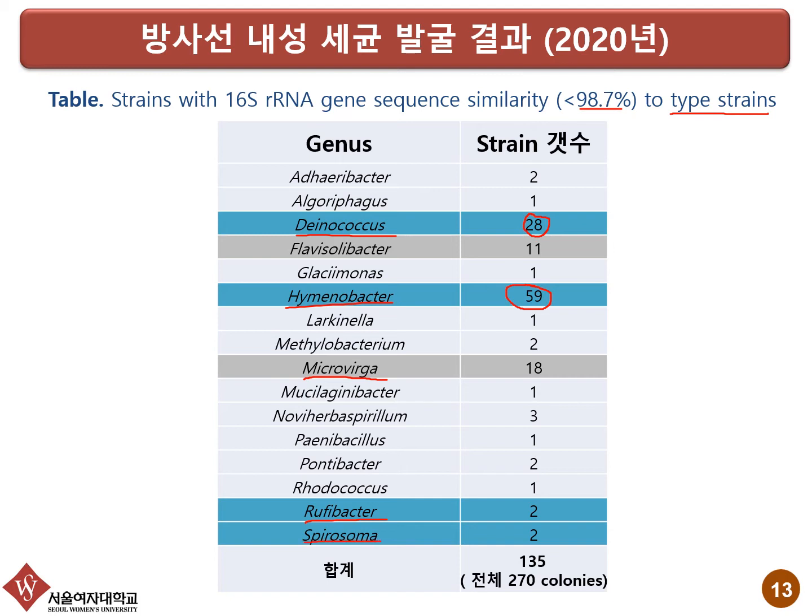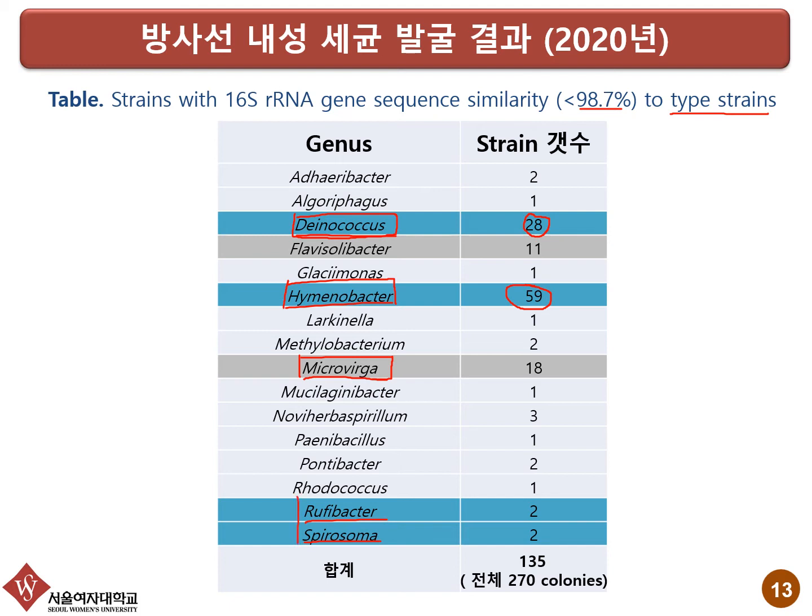Previously there were several articles describing only Deinococcus as the radiation resistant bacteria, but in our study we found that Hymenobacter is also one of the popular genera containing radiation resistant bacteria like Deinococcus, and Microvirga also shows radiation resistance, but the resistance level is lower than Deinococcus or Hymenobacter.